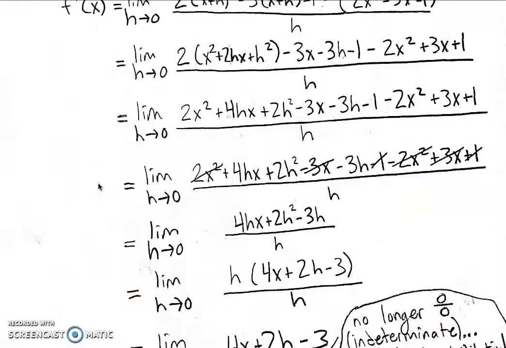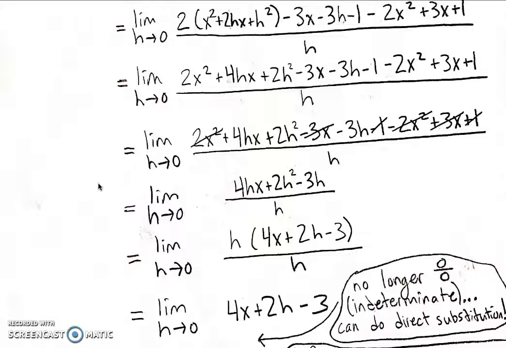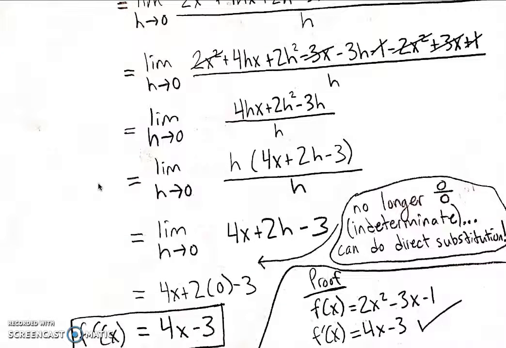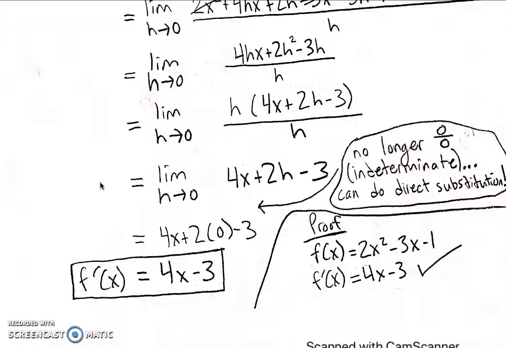And what you're trying to do is reduce it to a simple enough term or expression where you can plug in 0 for h and get an answer. So as you can see, I simplified it to the point where I got f prime of x is equal to 4x minus 3. And my proof was just using the derivative rules that we learned later after the limit definition of the derivative. We can see that that is in fact the correct answer.